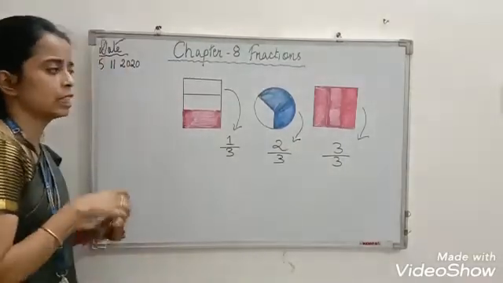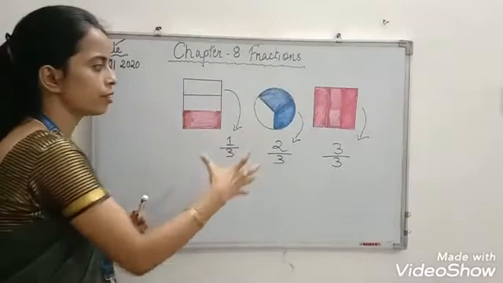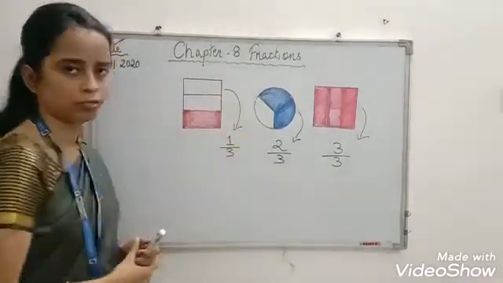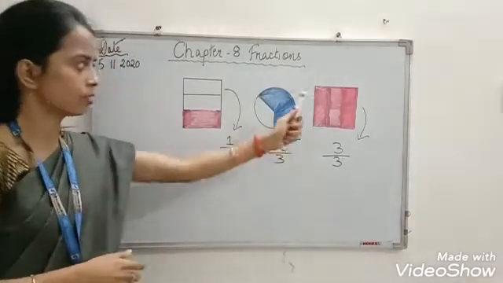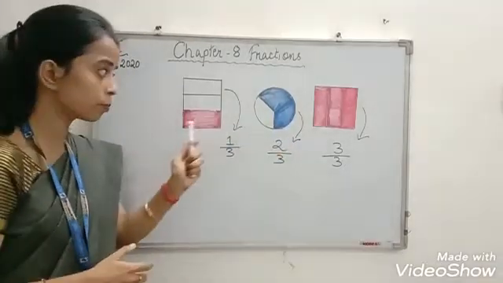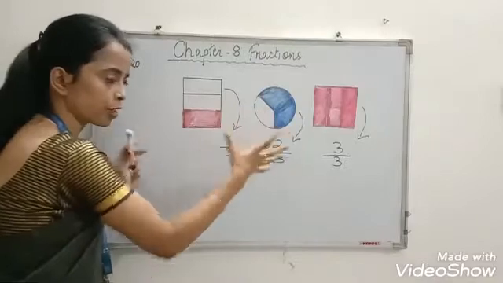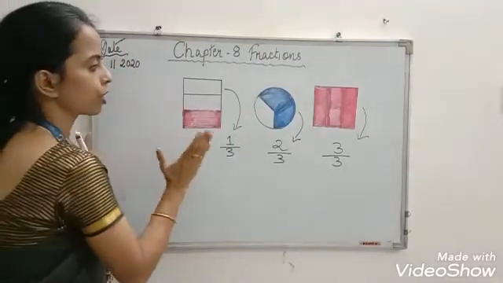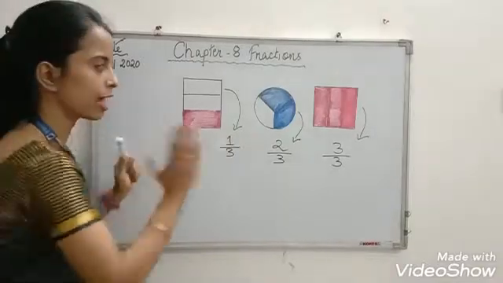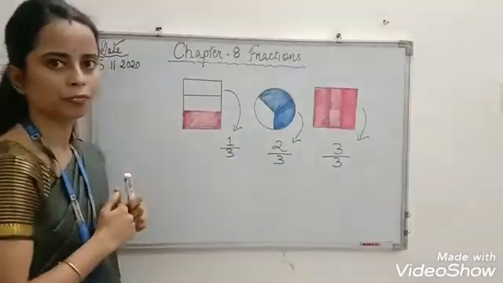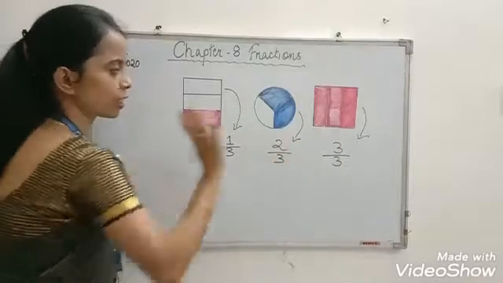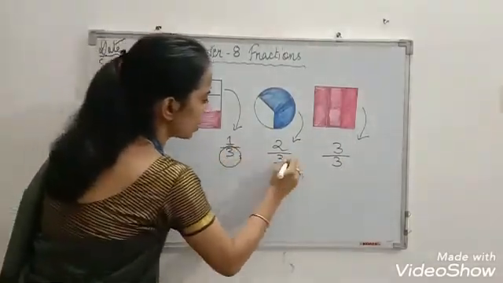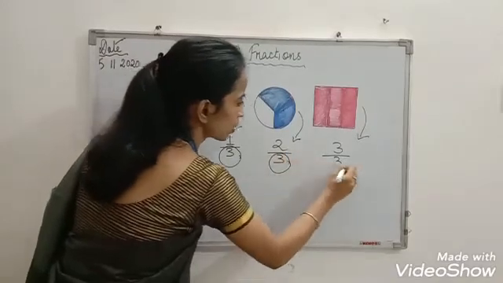Now, did you notice something here from the given diagrams or the fractions I have written? If you observe carefully, you can see all 3 fractions have what? Same denominator. 3, 3, 3.